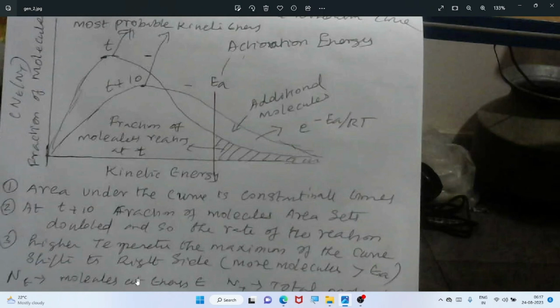Ne is the number of molecules at energy E, Nt is the total number of molecules. The important thing is both curves have the same area, because the total number of molecules is the same. Only when you increase the temperature, this peak shifts right, and a greater fraction of molecules have more energy than the activation energy.